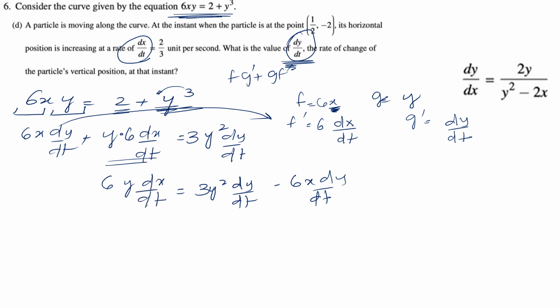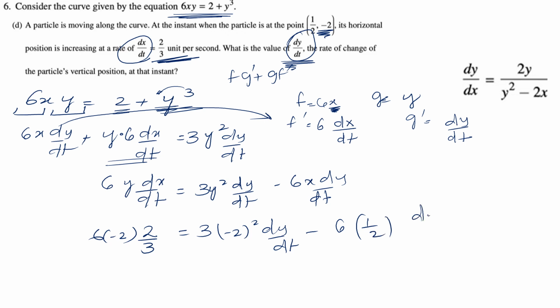Now dx by dt is equal to 2 by 3. The value of y is negative 2, and 6 equals 3 times y is negative 2 whole squared, dy by dt you have to determine, minus 6, what is your x? x is half, and dy by dt you have to find out.